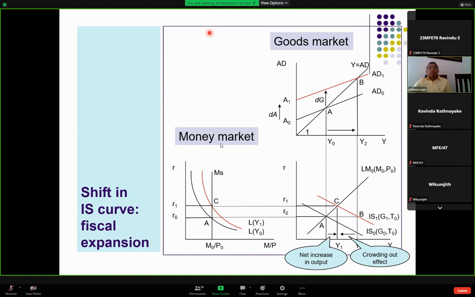I'm sure at least some of you must have heard that term, crowding out. How much is the crowding out effect according to this line? This is the amount. Now I'm going to ask a question.